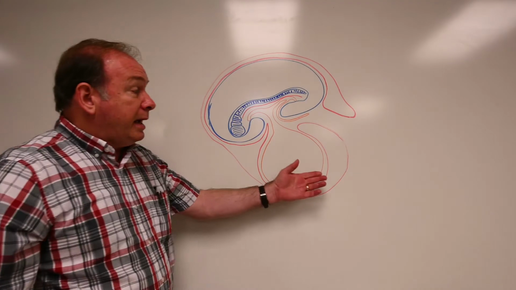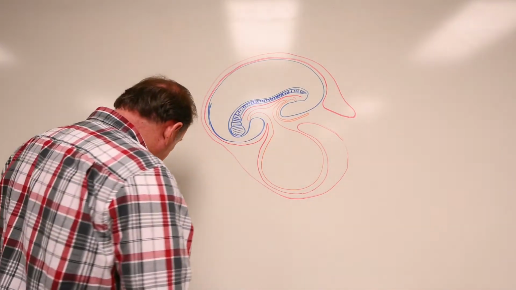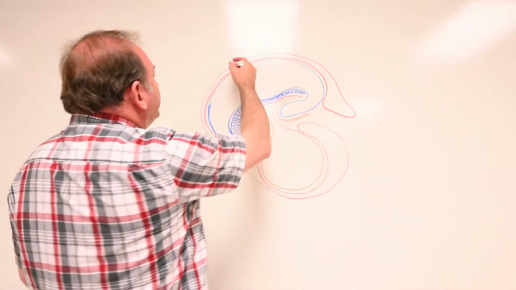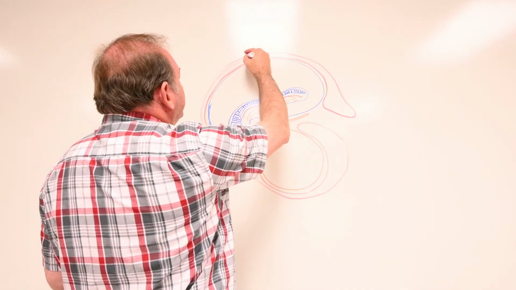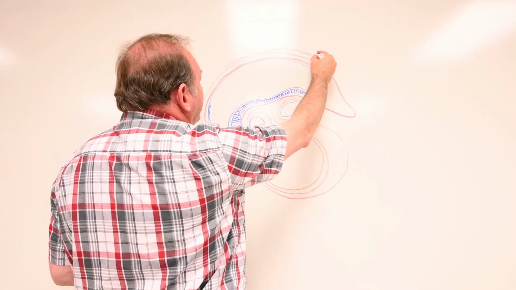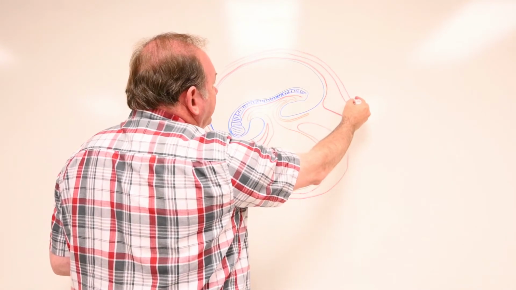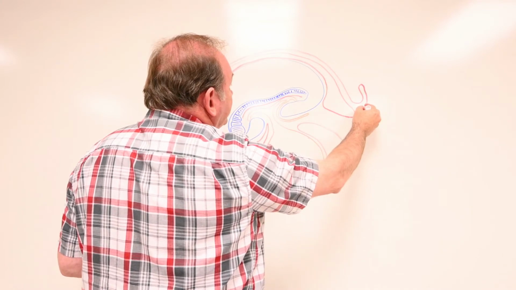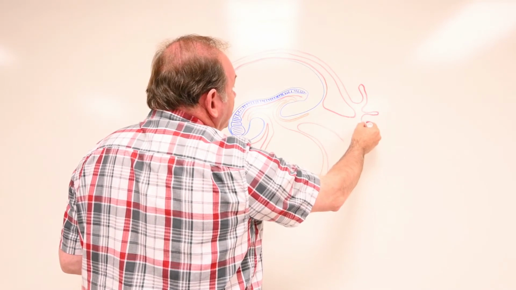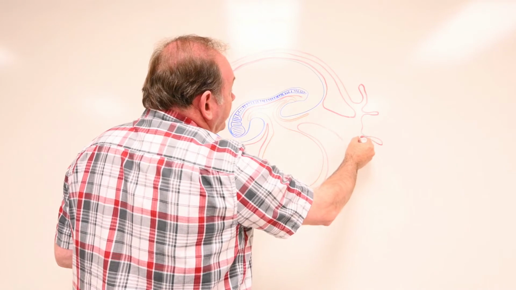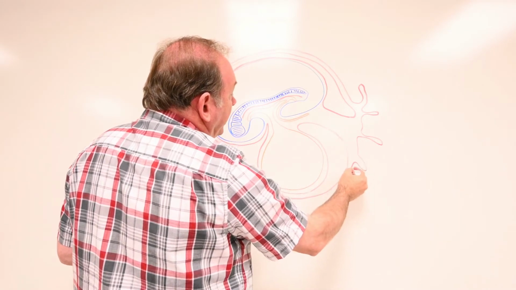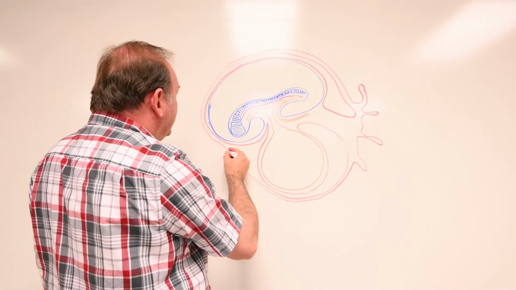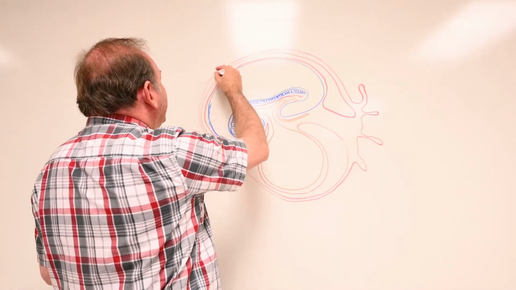Around the outside of the mesoderm here, by the way, the mesoderm has a certain thickness we need to put in, so we'll put another layer to represent that thickness. And near that body stalk back here, that mesoderm begins to grow out into the cytotrophoblasts and syncytiotrophoblasts as what we call chorionic villi.